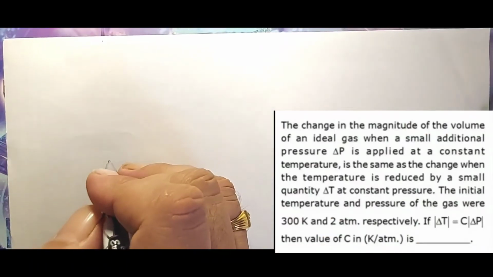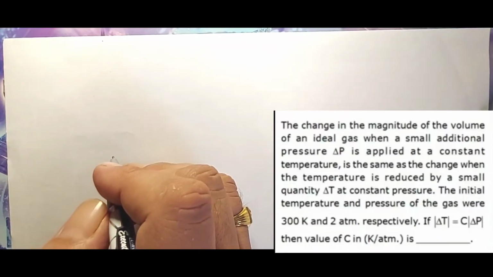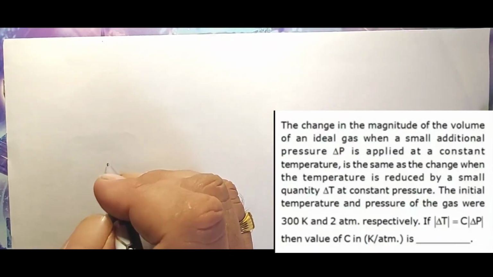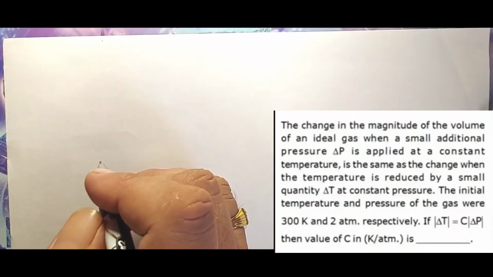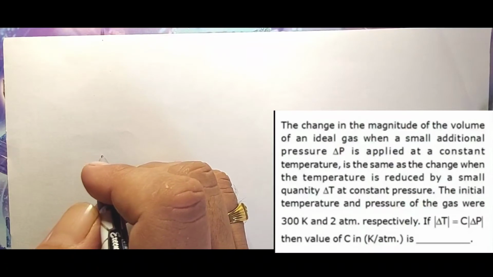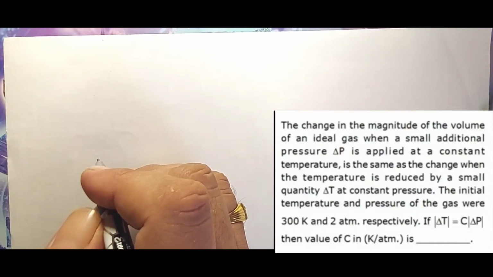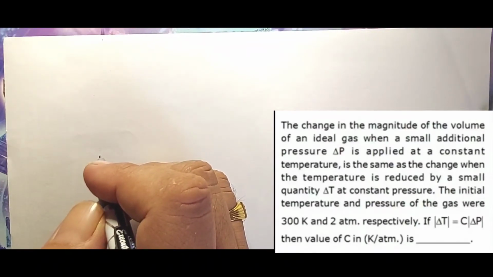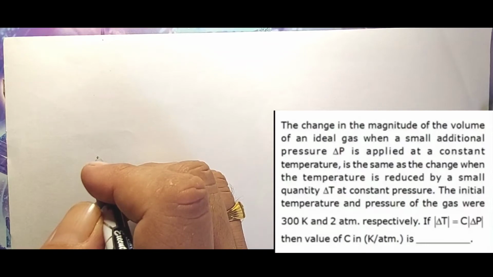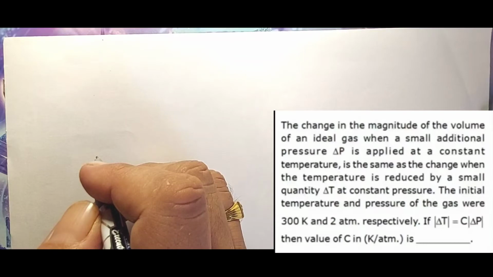Next problem from thermodynamics. The change in magnitude of the volume of an ideal gas when a small additional pressure delta P is applied at constant temperature is the same as the change when the temperature is reduced by a small quantity delta T at constant pressure.